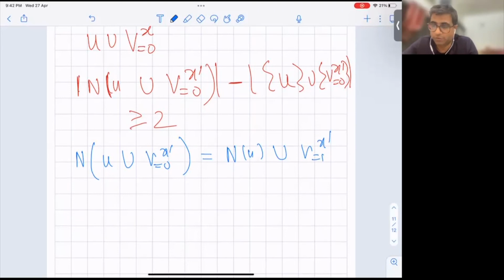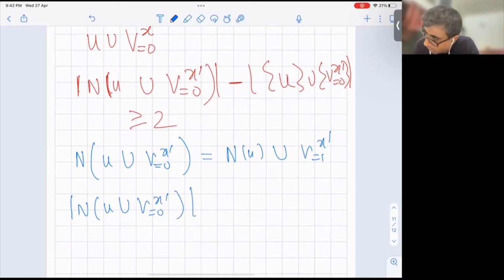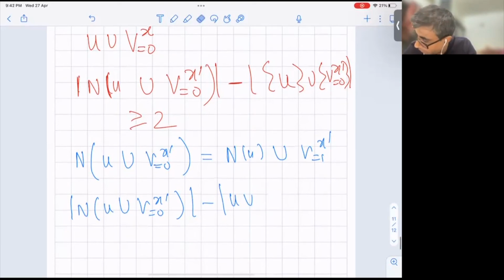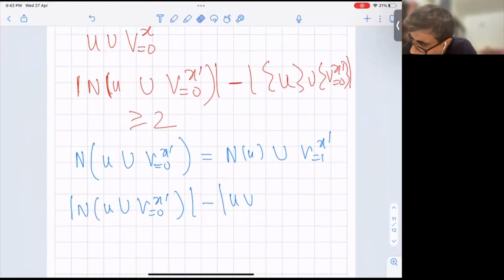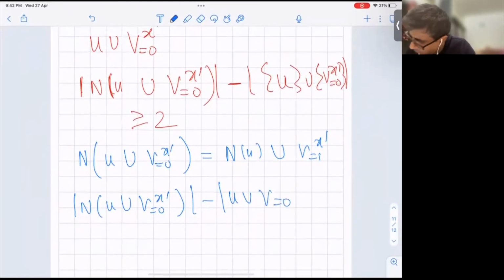So which implies that what we have shown now is that neighborhood of U union V equal to 0 in X prime, minus the neighborhood of U union V0 in X prime, is greater than or equal to 2.